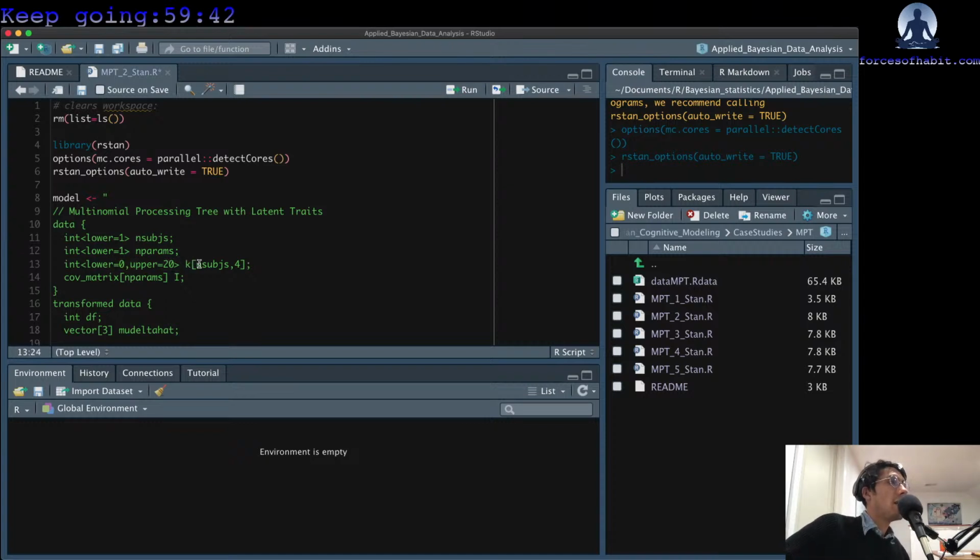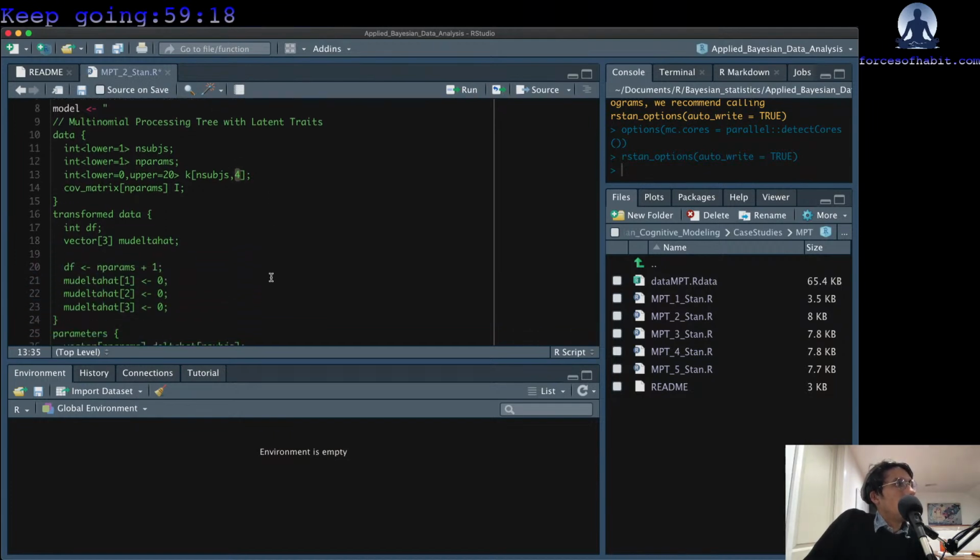And then the size is going to be number of subjects by 4. So we'll have rows for each subject, and 4 columns for each of the 4 counts of occurrences we're interested in. And now we have to transform, so transformed data.